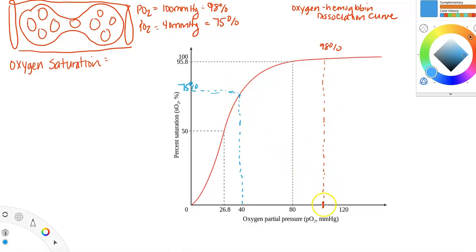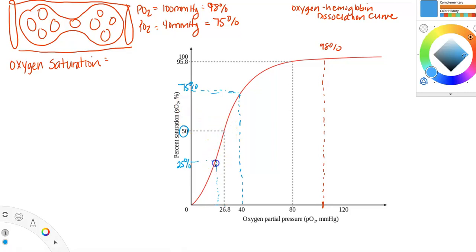From 100 to 80, it only goes down to 95.8, right? So at 40, which is a pretty long way from 100, it's still 75% saturated. Okay. At 26.8, almost 27, it's at 50. Okay. And at 20, it's down even half of that, about 25%.